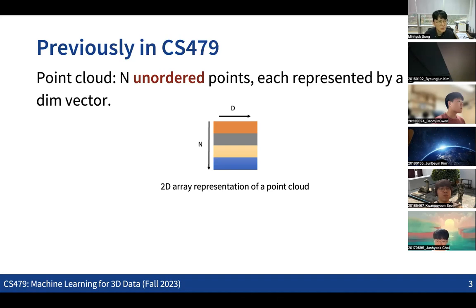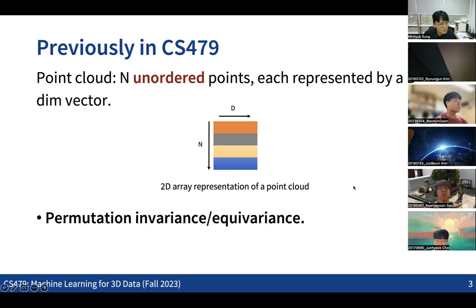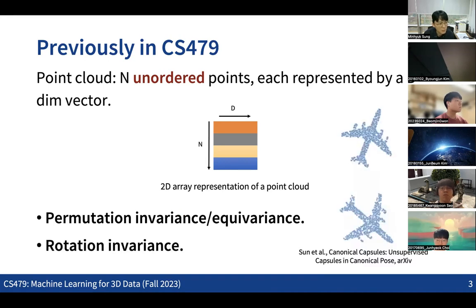So here the question was how we can properly handle this kind of set data in terms of achieving permutation invariance and equivariance. That's the main aspect that we also discussed with PointNet. And the other thing was rotation invariance, so how we can also achieve rotation invariance. It's one of the main aspects in the design of PointNet.